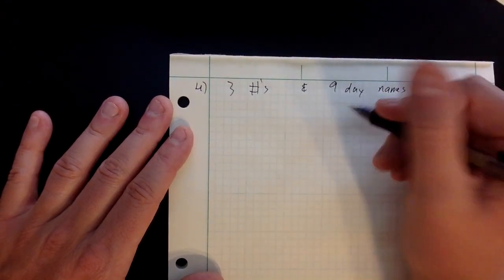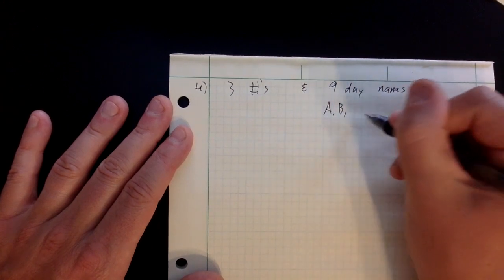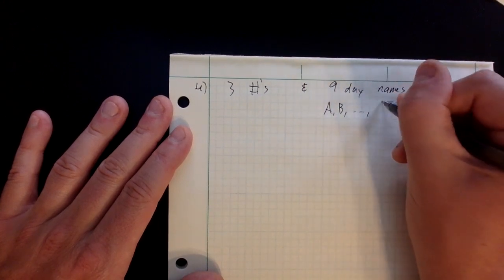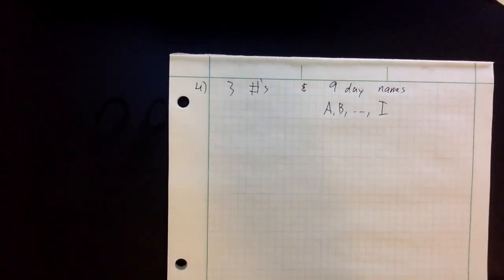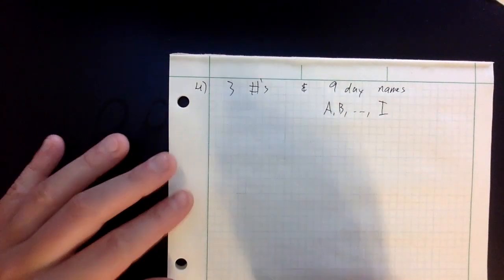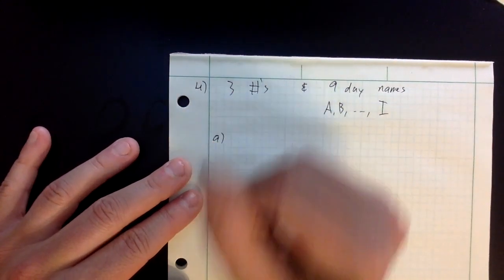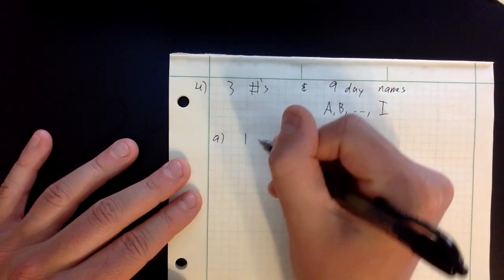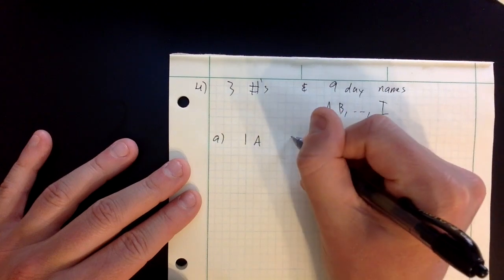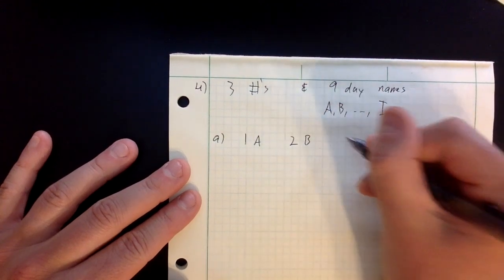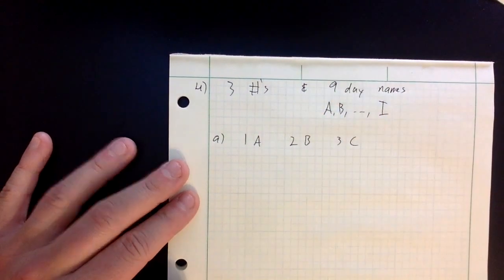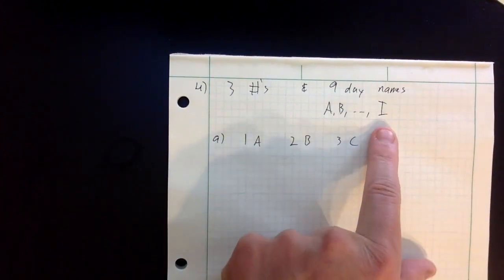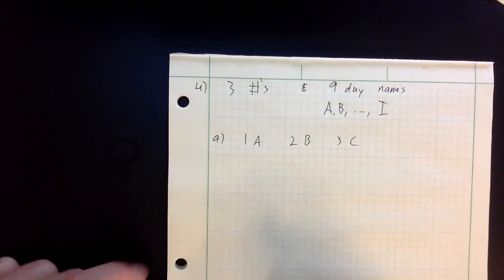So those day names we're going to call A, B, C, all the way to I to get 9 names. If we go through the same process, write out the complete calendar. We're going to start with 1A, 2B, 3C, and now I've run out of numbers, but I have 6 more names.